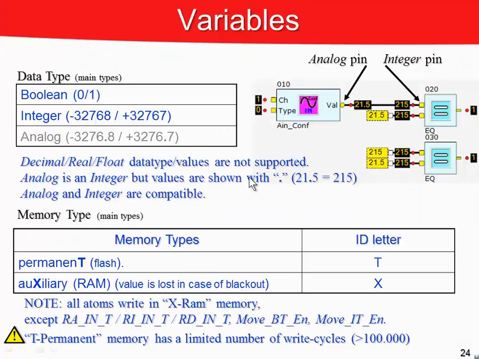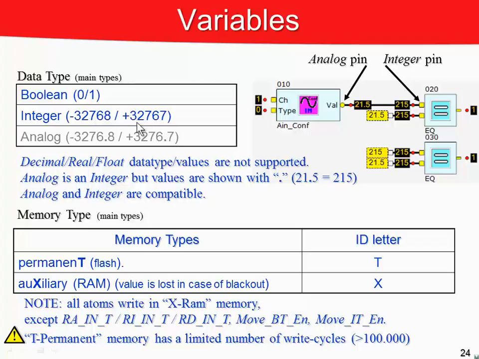In fact, in the FBD language of one tool, we can use only two data types: Boolean, for variables in the range 0, 1, and integer. They are 16-bit signed integer variables, that is, for values in the range minus 32,000 to plus 32,000 and so on.